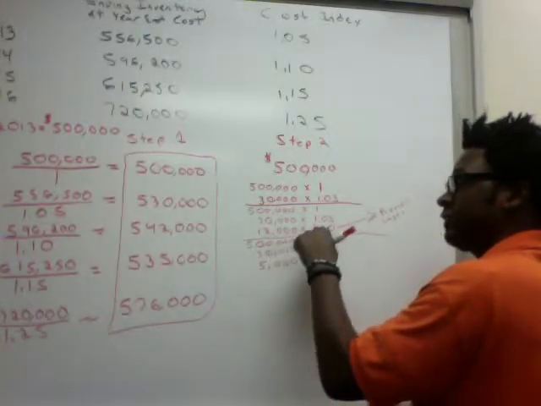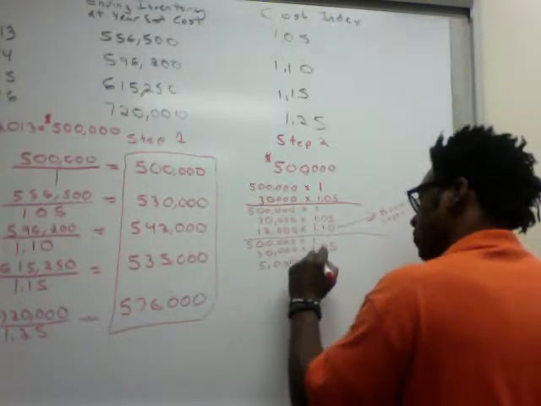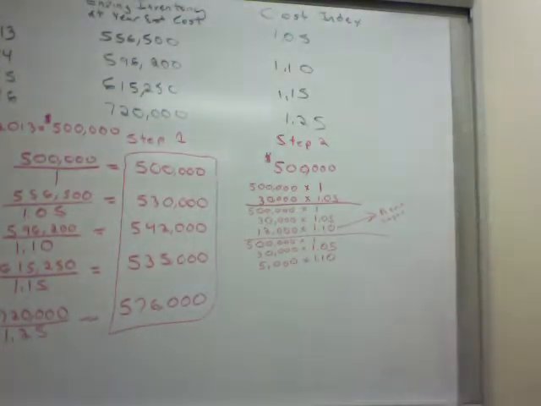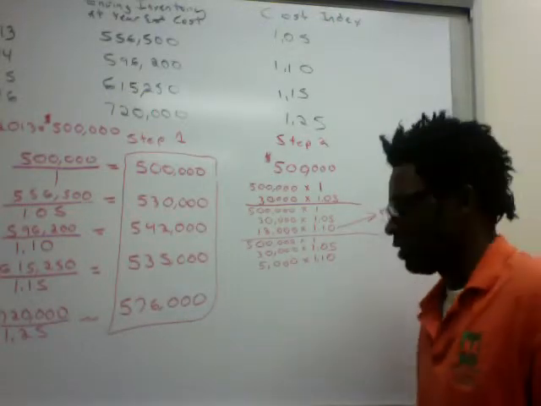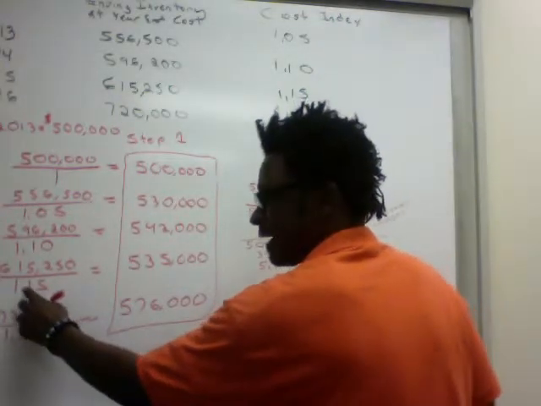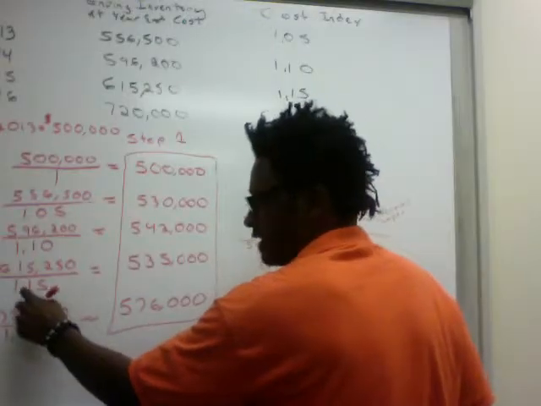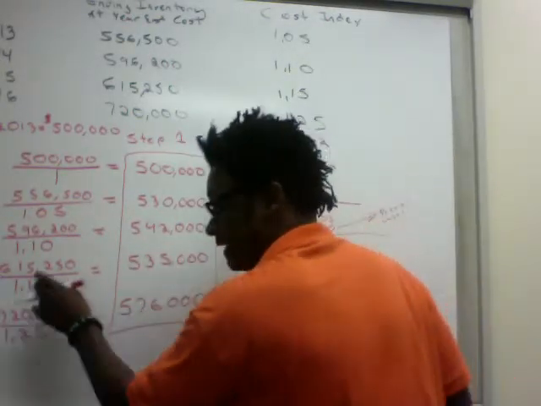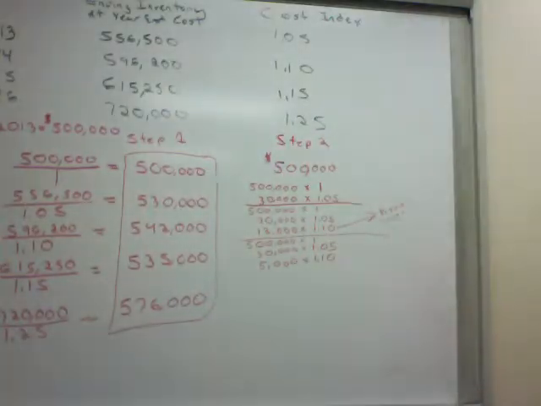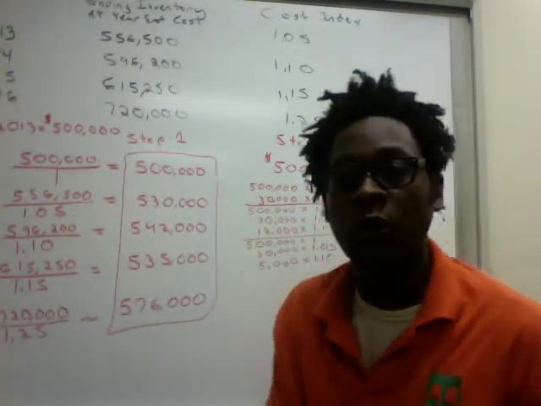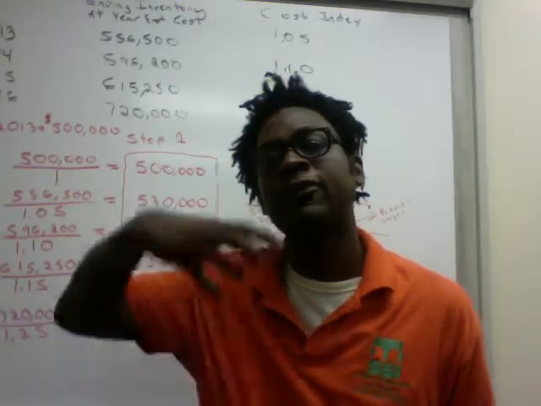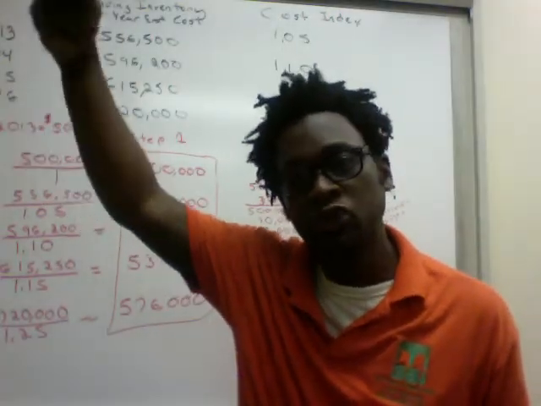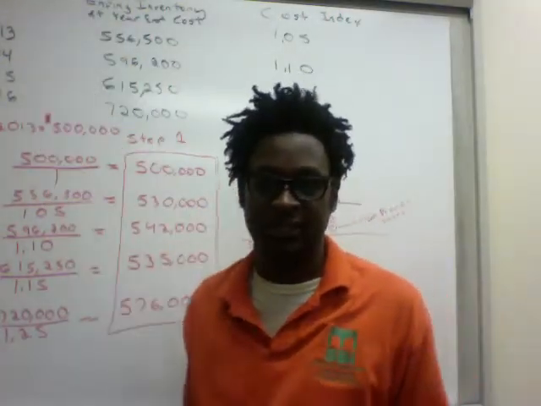What was the index for the previous layer? 1.1. Okay? Now, what about this index? This index in this decrease that happened, right? It happened in 2015, a decrease, and the index is 1.15. Will we do anything with that index? No. When you subtract from a previous layer, you use that previous layer's index.